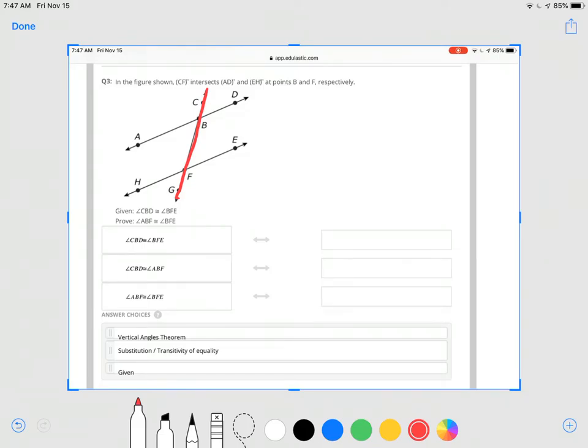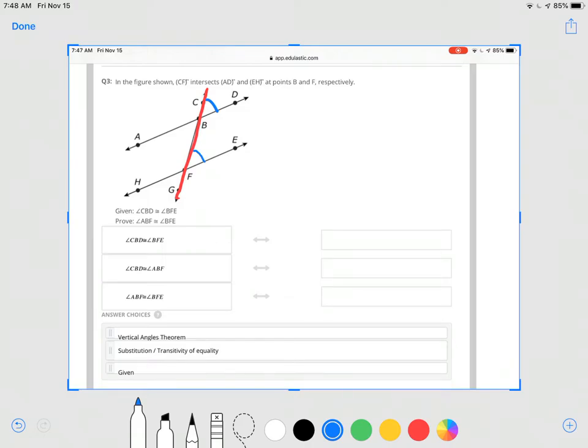It says, given angle CBD is congruent to BFE. So they're telling us that this angle is congruent to BFE, which is this one. Again, they look like corresponding angles, but they never told us that the lines are parallel. So we're probably not going to be able to use that fact.